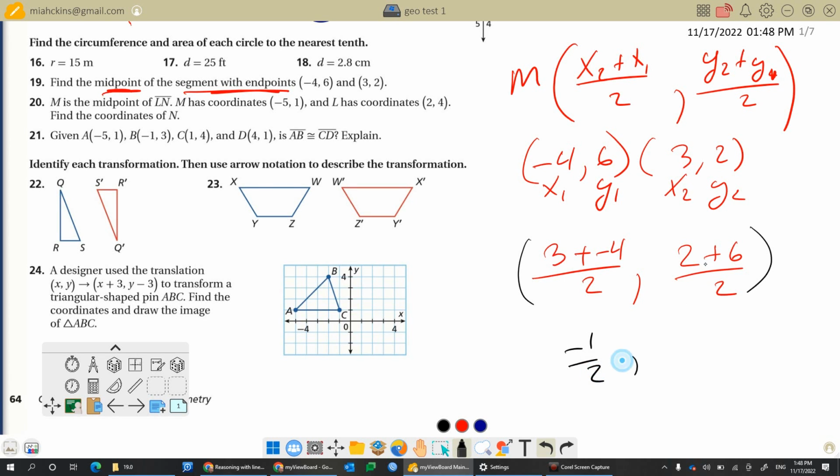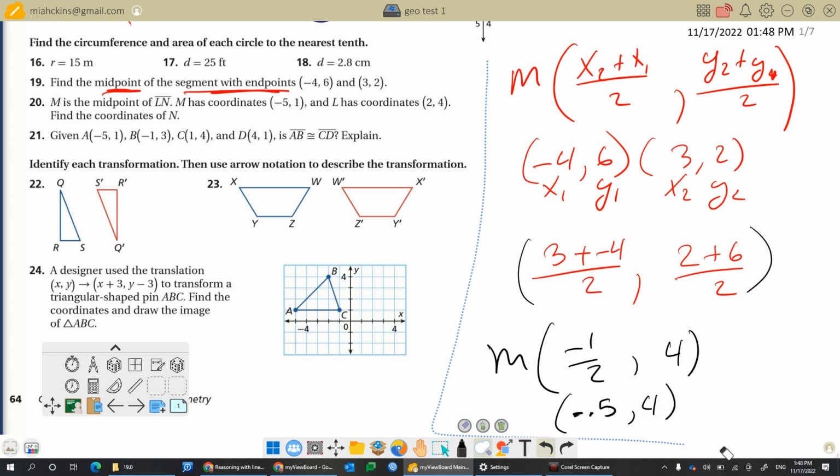So it's -1/2. 2 plus 6 is 8, and 8 divided by 2 is going to be 4. So what is our midpoint? It's -1/2, 4. Or we can say -0.5, 4. Either one of those works. The main thing is to remember our midpoint formula.